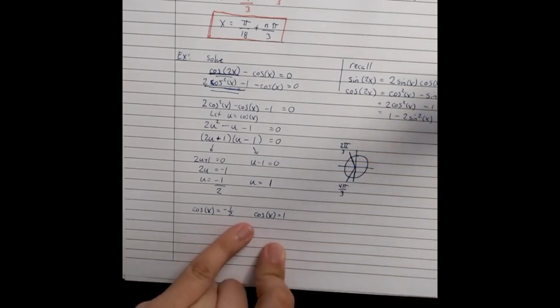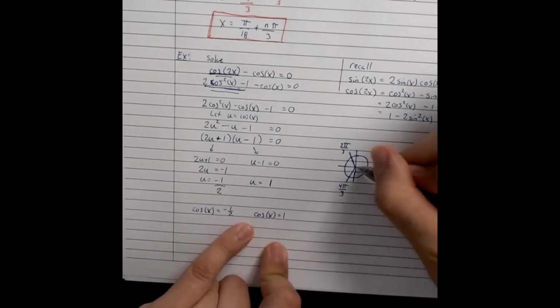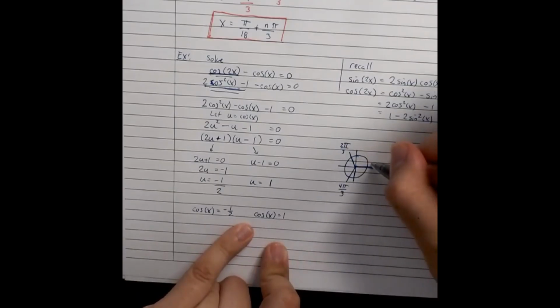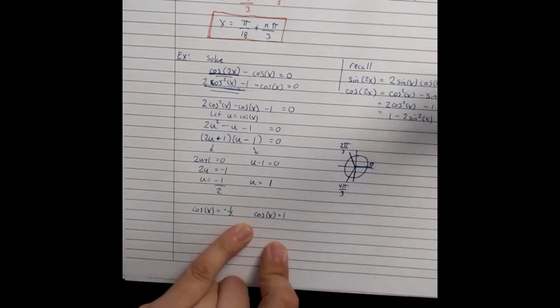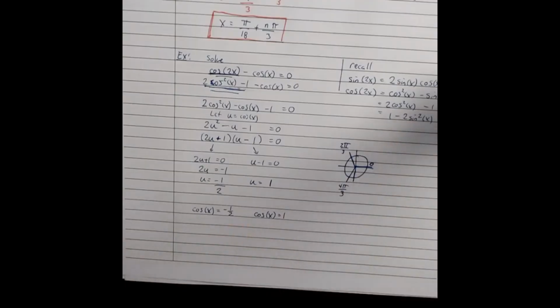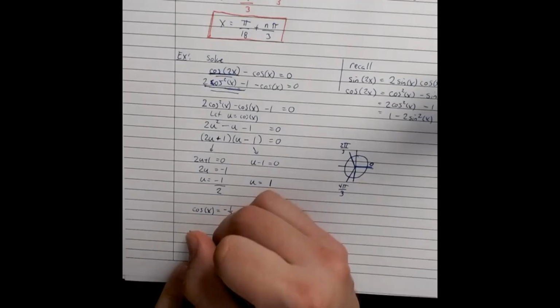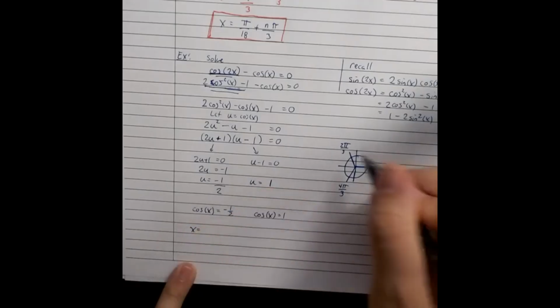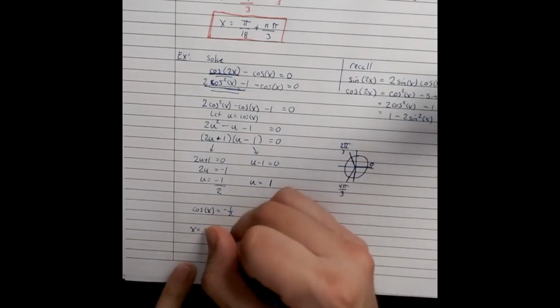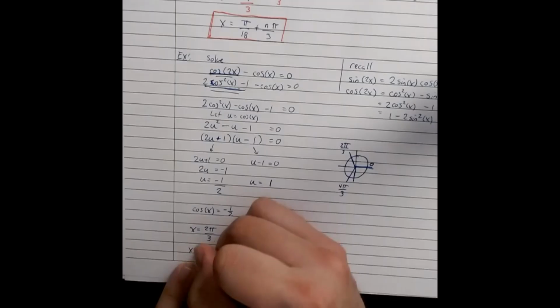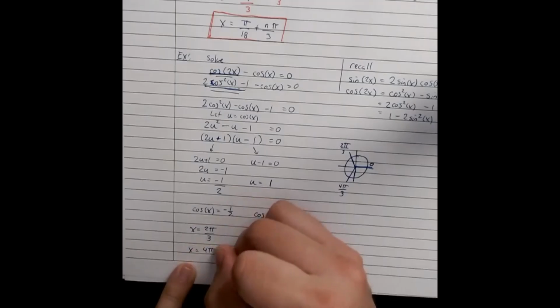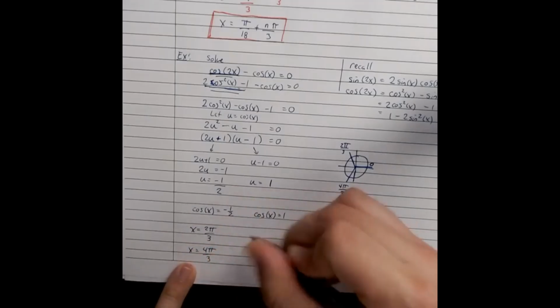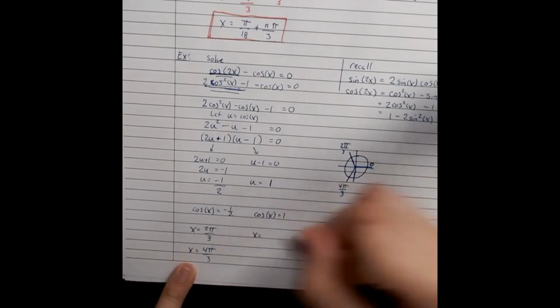And I'm looking for where cosine of x is equal to 1, and that's over here at 0. All right, so I have 3 different solutions there. I have x is equal to 2 pi over 3, x is equal to 4 pi over 3, and x is equal to 0.